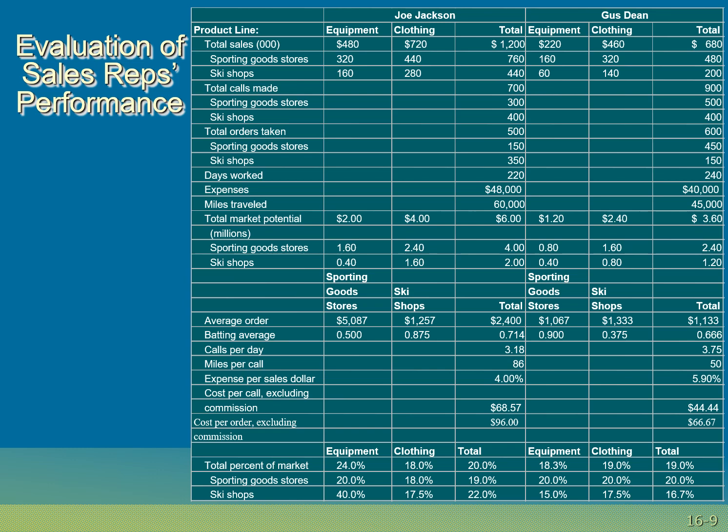What's batting average? Batting average for equipment for Joe is 0.5, and on clothing is 0.875. The total is 0.7. For Gus, for equipment it is 0.9, and for clothing is 0.3. So average is 0.6.